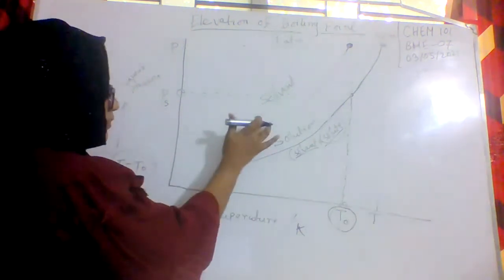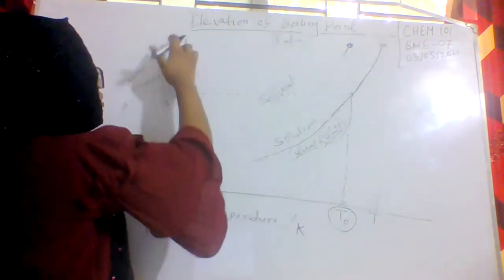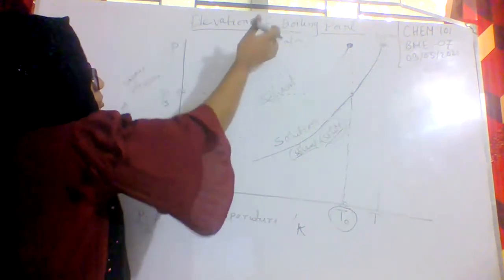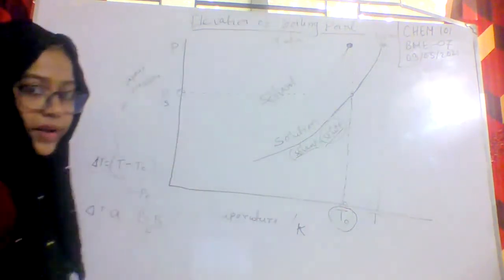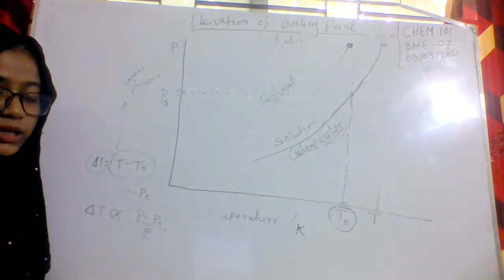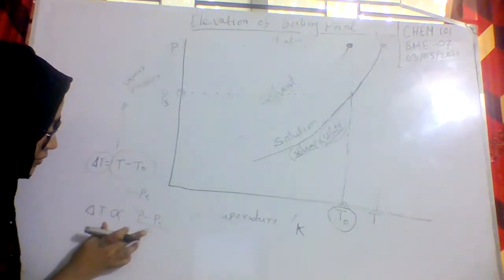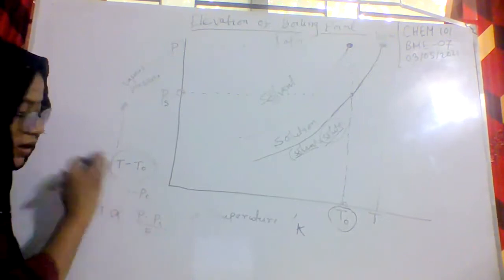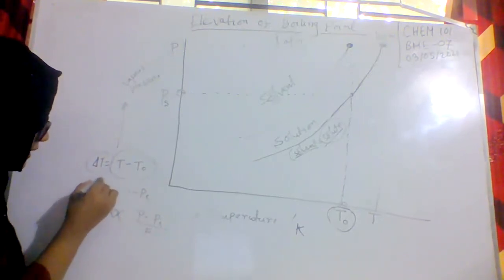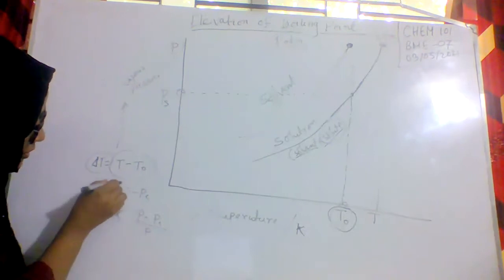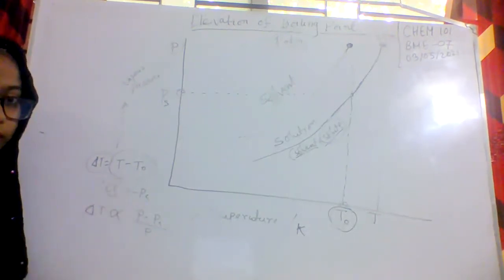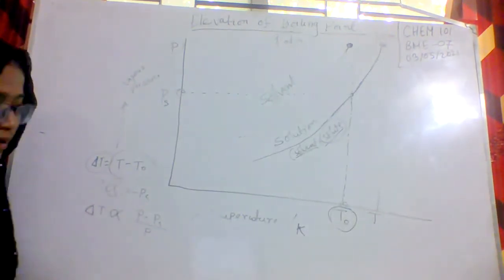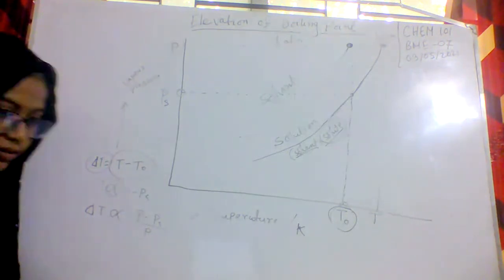Because for this solvent it will always be 1 atmosphere, right? So if we write it here, it will not change the previous one. Delta T will not be affected because it is proportional, right?